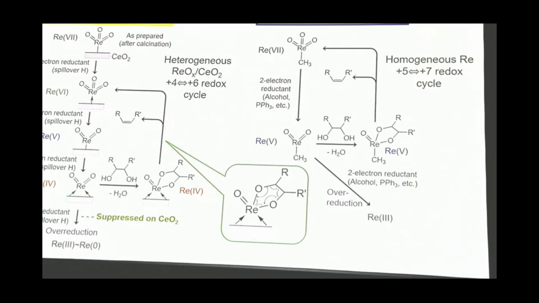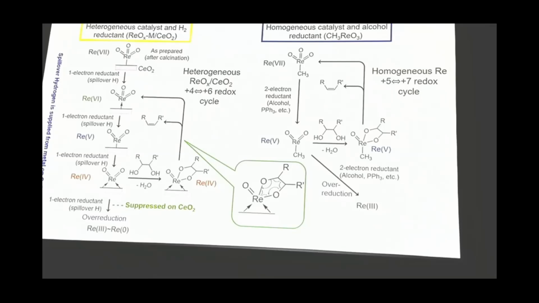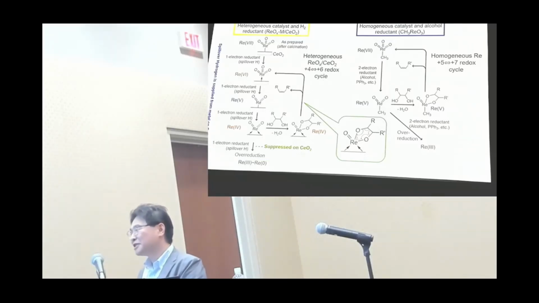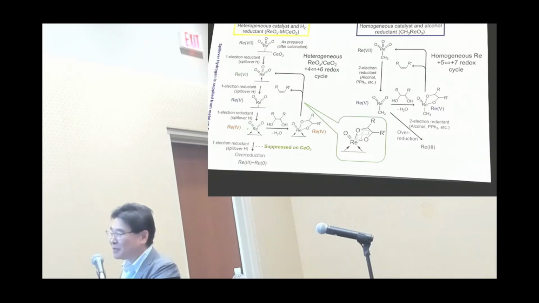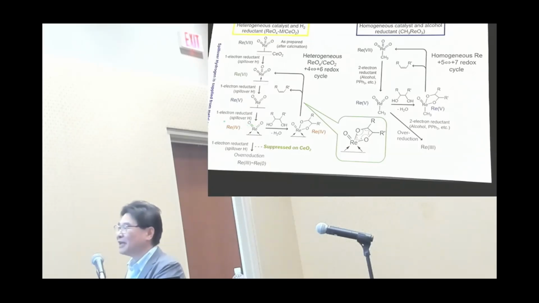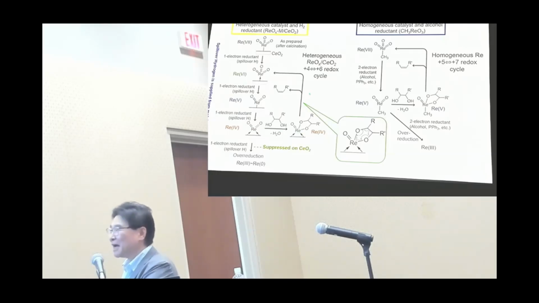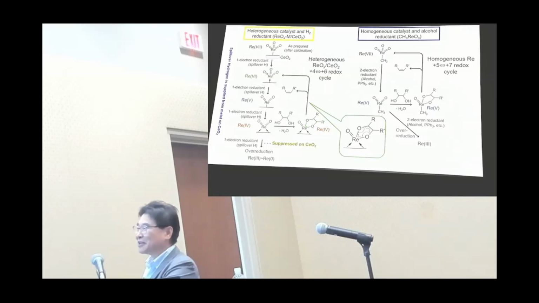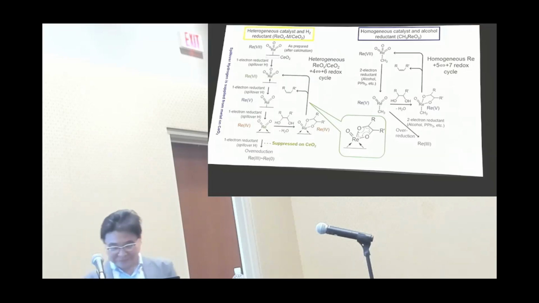The important point is that ceria has an important role in suppression of the further reduction. Rhenium 4+ is stabilized on the ceria surfaces, and this site completes the rhenium 6+ and rhenium 4+ cycle for the DODH reactions.